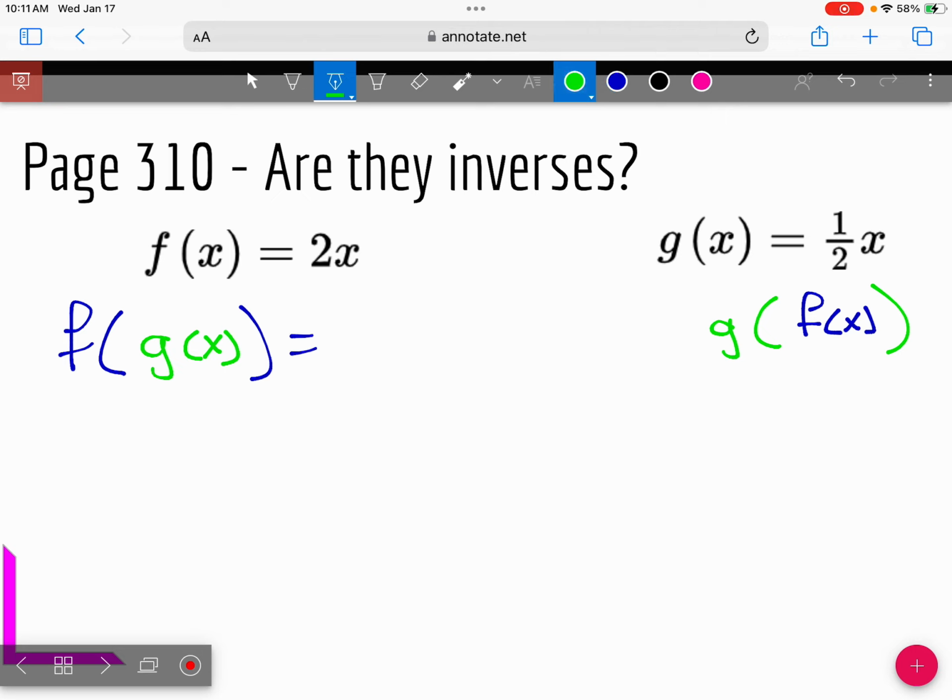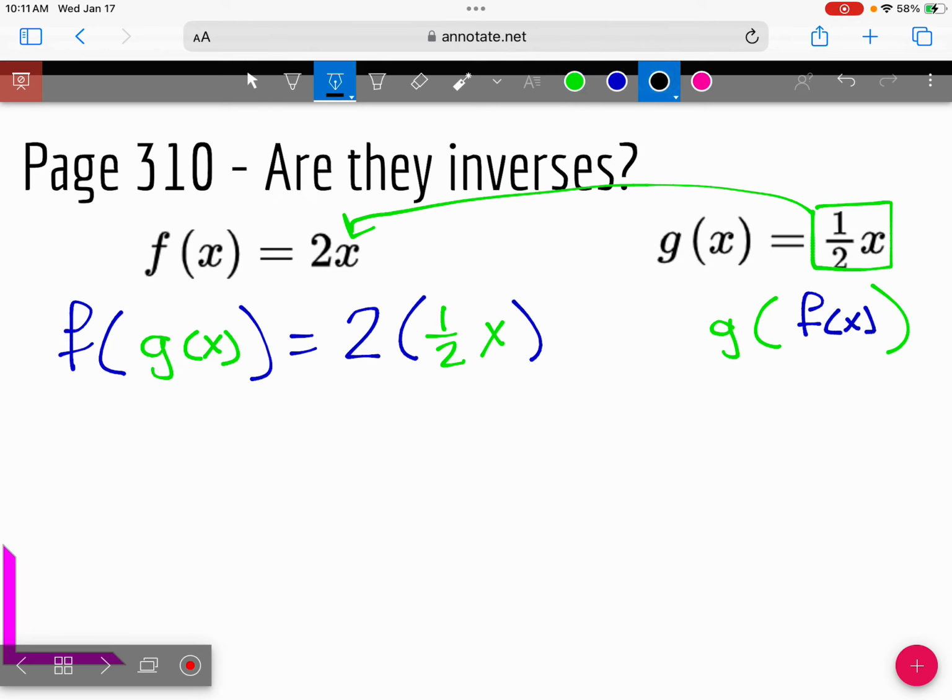So this is where I take one of my functions and substitute it into the other one. So our f function says 2 times a thing, but we're substituting in our g of x, which is 1/2 x. We're substituting it in place of the thing. Once we substitute it in, we're going to come through and simplify.